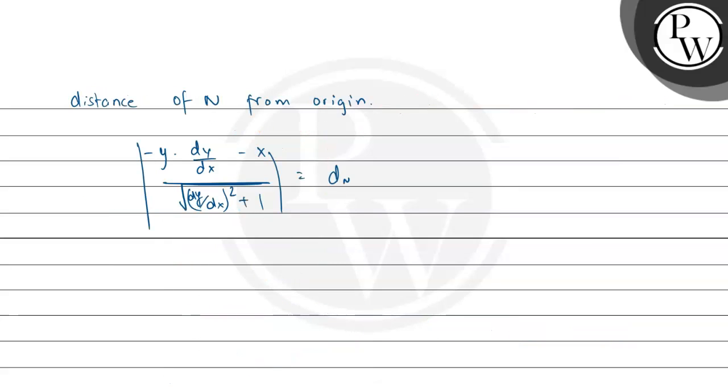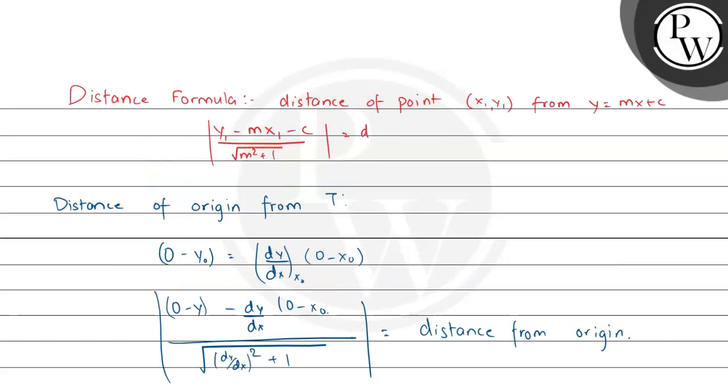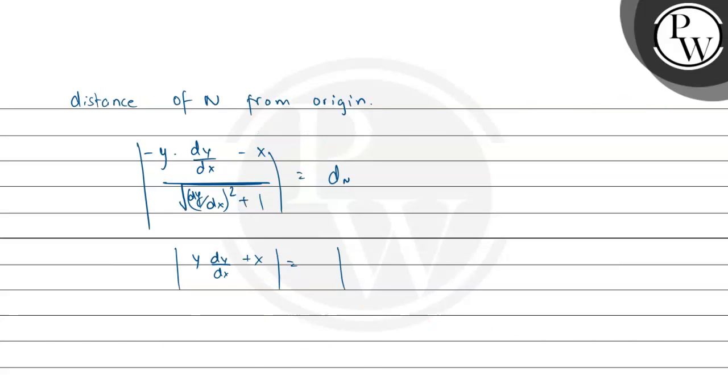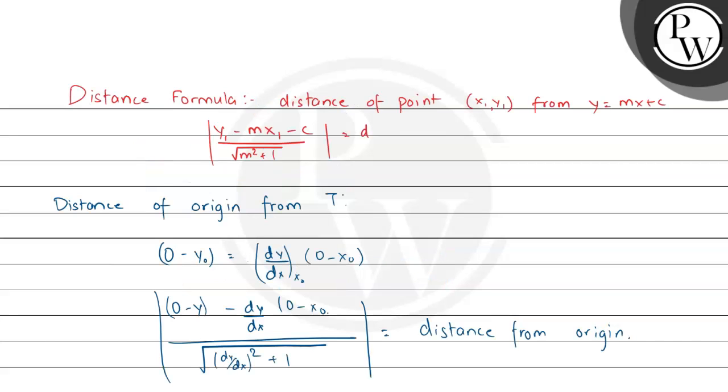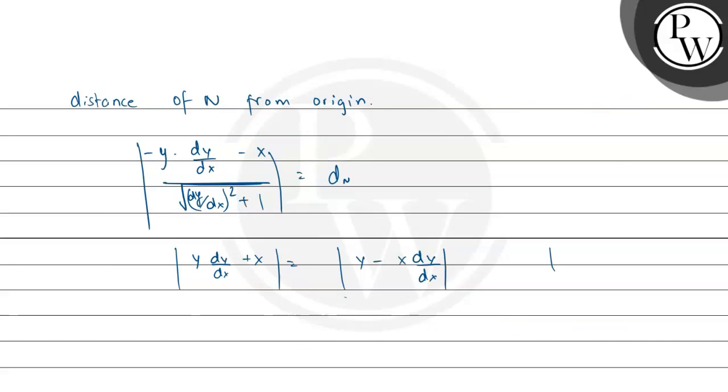As these two values are equal, we can say that the modulus of y dy by dx plus x is equal to the modulus of y minus x times dy by dx. Because the denominators were the same, we'll just eliminate them.